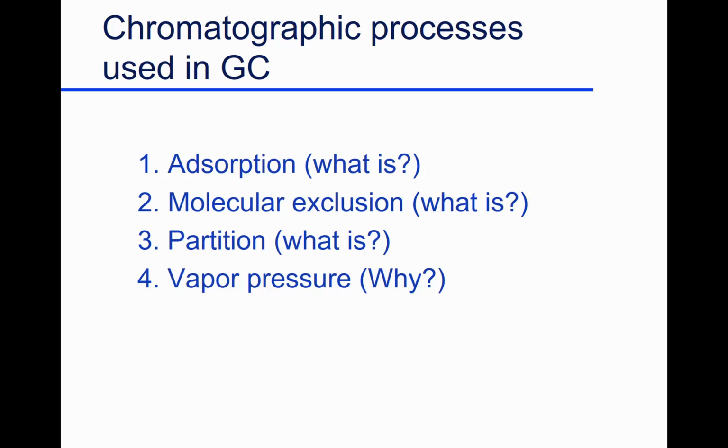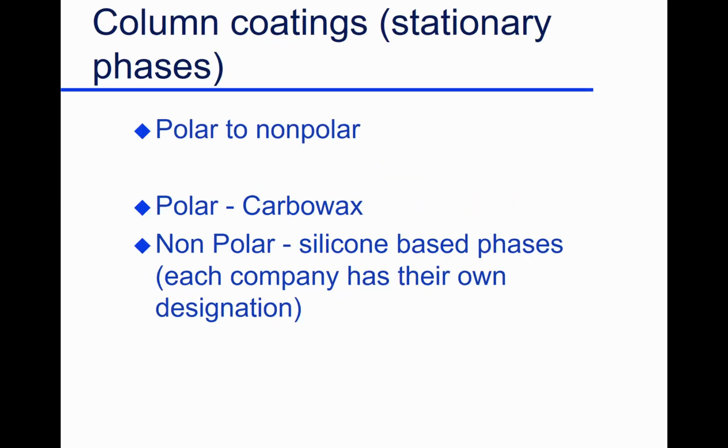We use this, or this, plus volatility. Is it volatile? Does it really want to be in the gas phase because it's going to be vaporizing? And you don't get to take advantage of that in liquid chromatography or other methods. So the idea of looking at boiling point, volatility, put together with this makes an exceedingly powerful technique for separations.